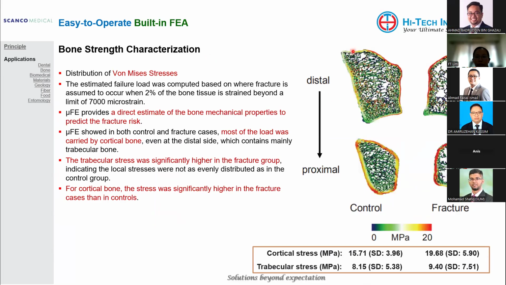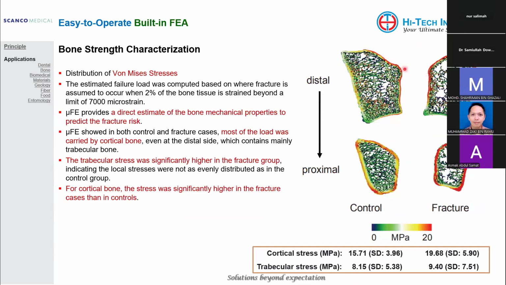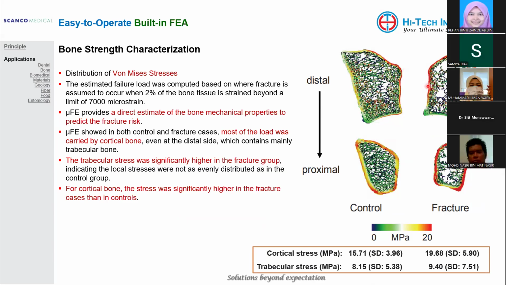So you can see here, this is the distal part of the bone. This is the proximal part of the bone. And from the finite element itself, you can study the red color part, which means it's actually encountering very high force. So if we further increase the force, we can use a simulation to do this as well. This will be the area that will fracture. So that's the prediction provided by the software itself.